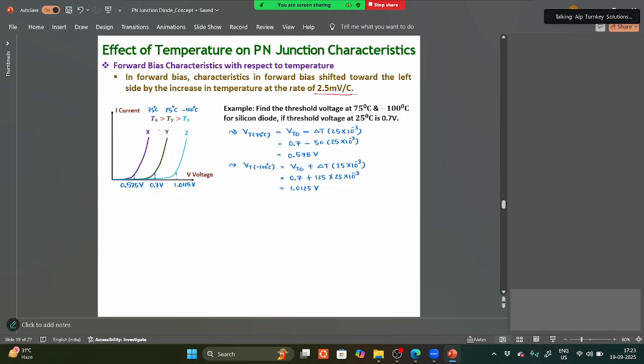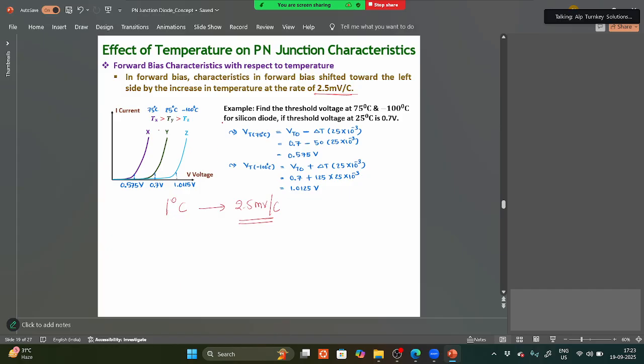That means if you increase the temperature, the curve will shift towards the left by 2.5 millivolts per degree Celsius. And if you decrease the temperature, the curve will shift towards the right.